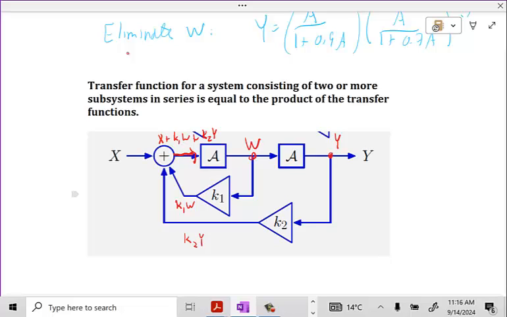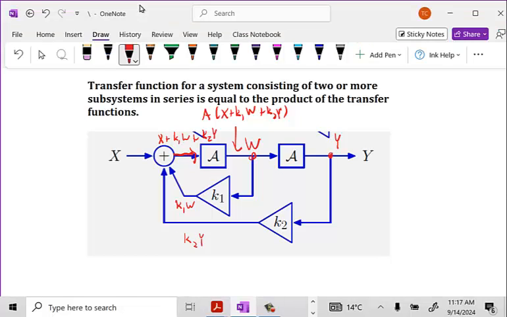Okay, not too bad. And then this one here is now going to be A times X plus K1W plus K2Y. All right, so I've got my first equation here, A times X plus... well, let me get up here so I don't talk ahead of myself.